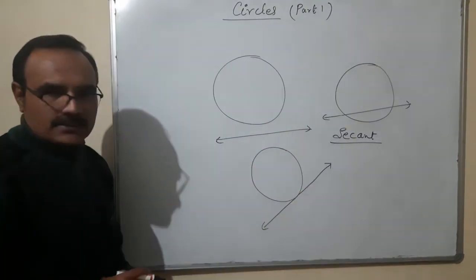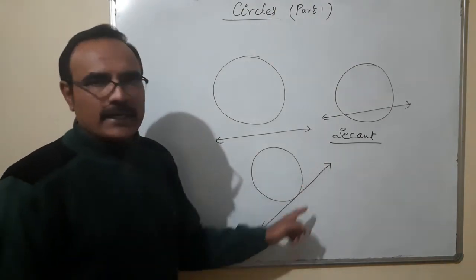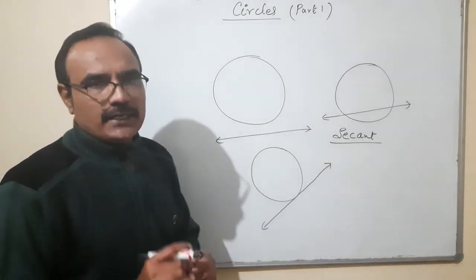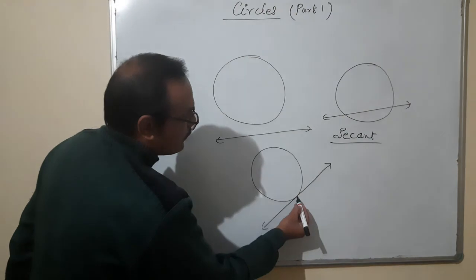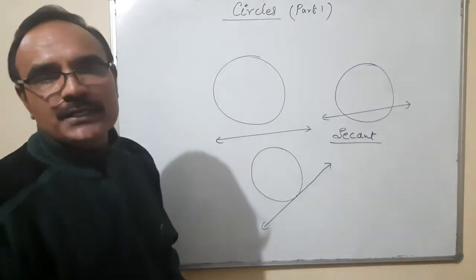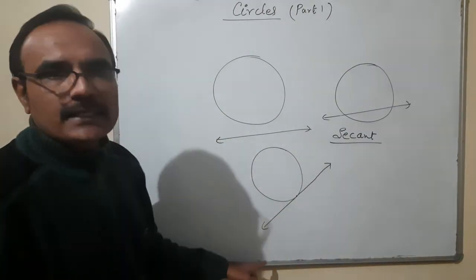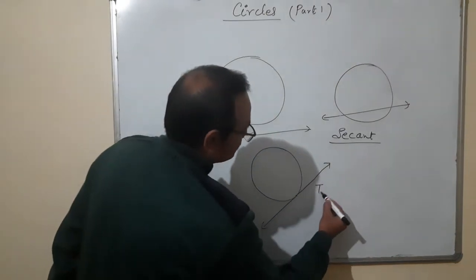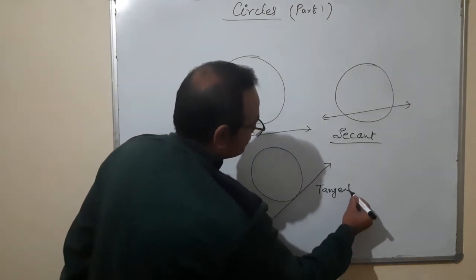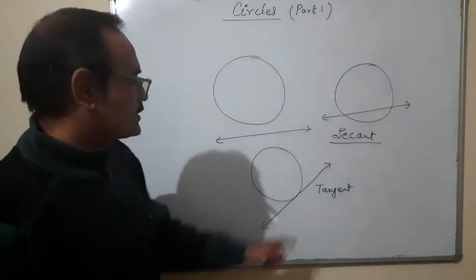In this third case, you can see that the circle and the line are touching each other at 1 point. This is the single point where the line is touching the circle, and this line is called a tangent to the circle. In this chapter we will discuss only the tangent.